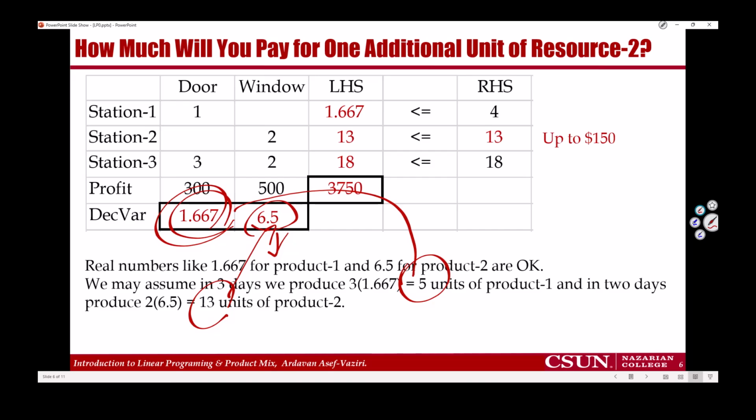There is another category of problems which are integer programs or binary integer programs, where they allow only integer values or only 0, 1 values. Either you make this company or you don't, 0 or 1. We cannot have something between them, but for the linear programming problems that we discuss in this course, decimal points are fine.